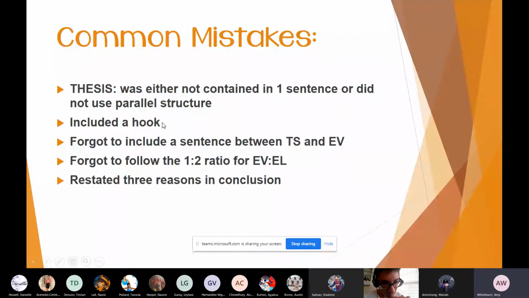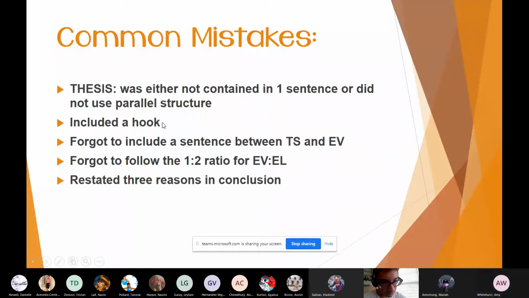Again, I understand that it can be frustrating to feel like I was taught how to do this and I was told that attention grabbers and hooks were the way to start my essays from elementary school. And now to be telling you to abandon that, it can feel frustrating or confusing.